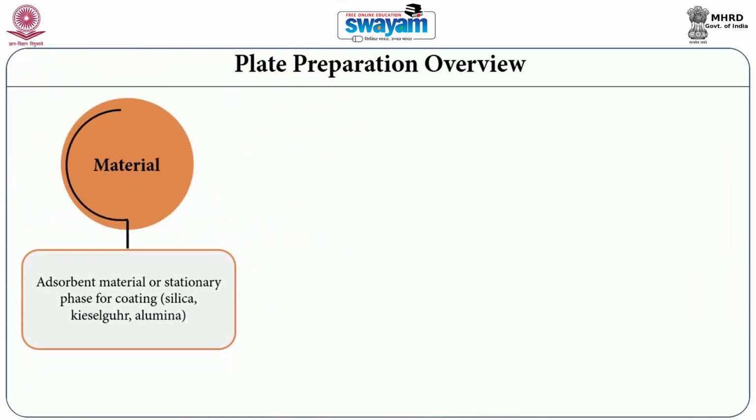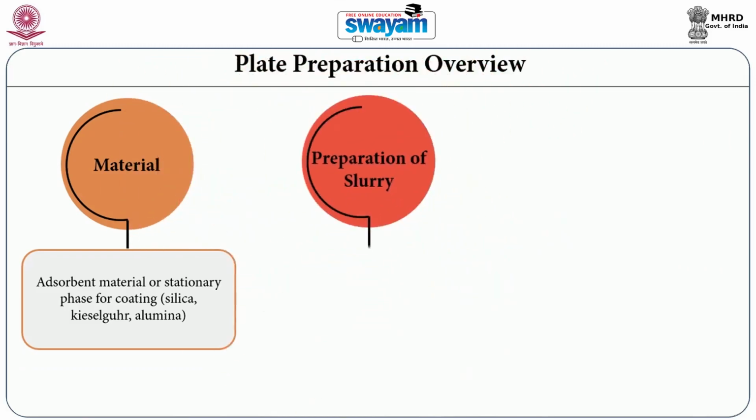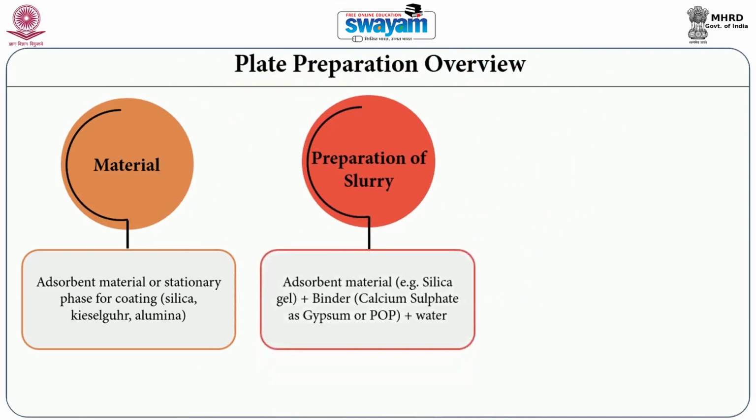And as we discussed, commonly used stationary phases involve either silica or modified silica, then kieselguhr and alumina, which is aluminum oxide. Then using this adsorbent material, a slurry is prepared. And this slurry basically involves mixing the adsorbent material, which will be your stationary phase, with a binder, which is typically calcium sulfate as gypsum, and water.